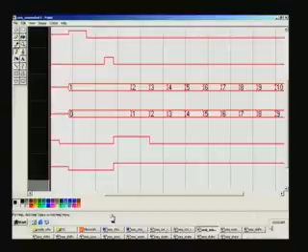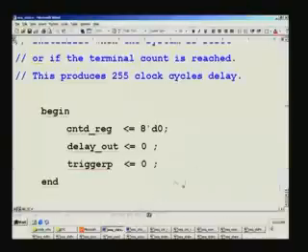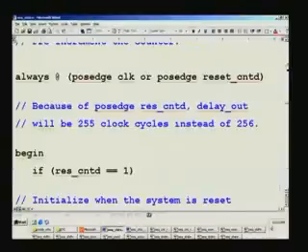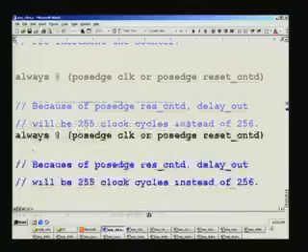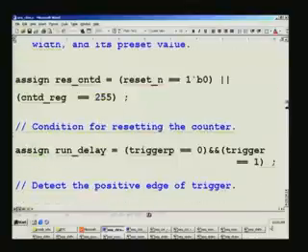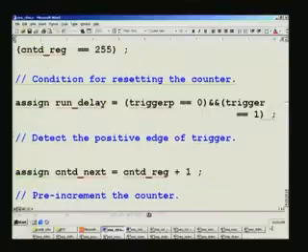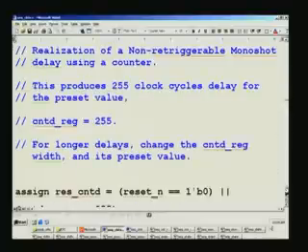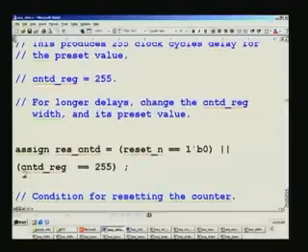So when reg is 255, I make a decision only there. Actually it was here. See, here we are saying reset, and this is for combining the power on reset as well as the counter reaching 255.